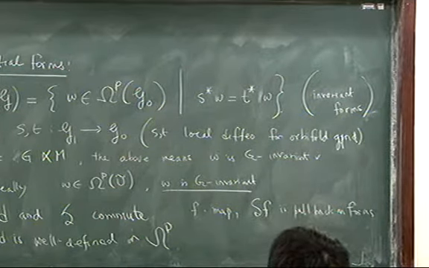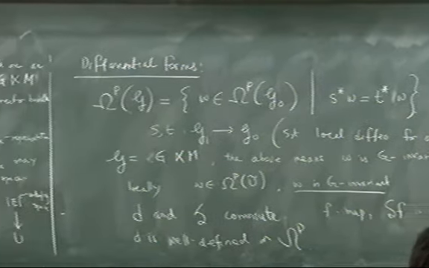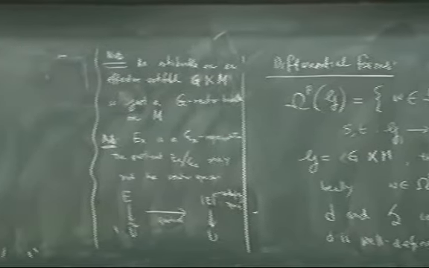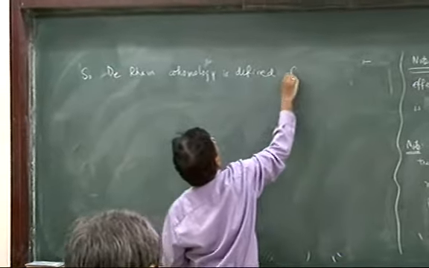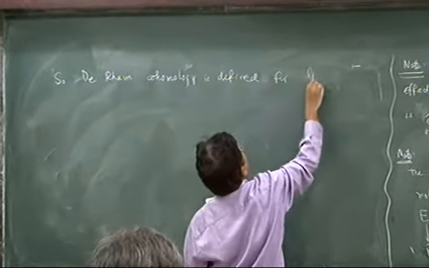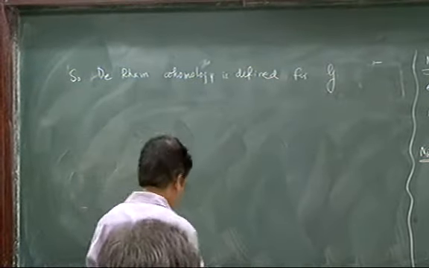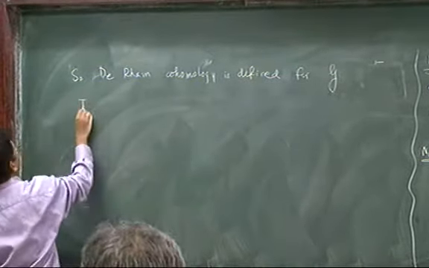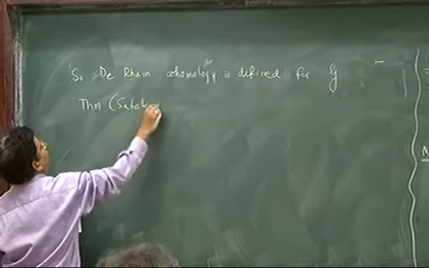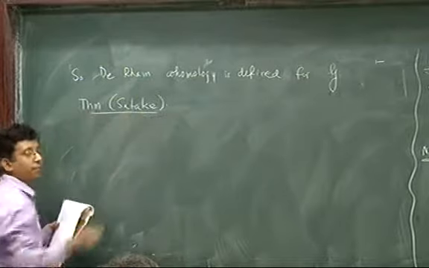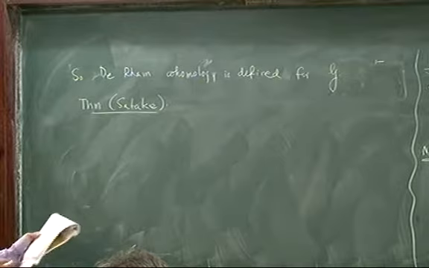So de Rham cohomology is defined. And this is a theorem of Satake. He first defined these effective orbifolds.